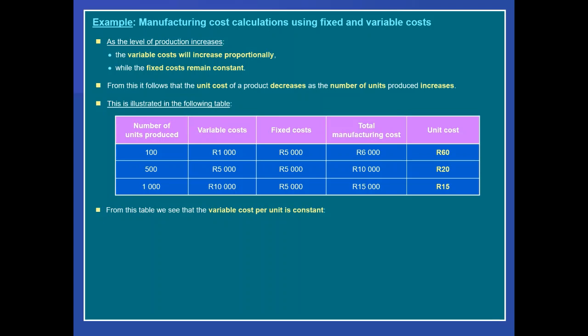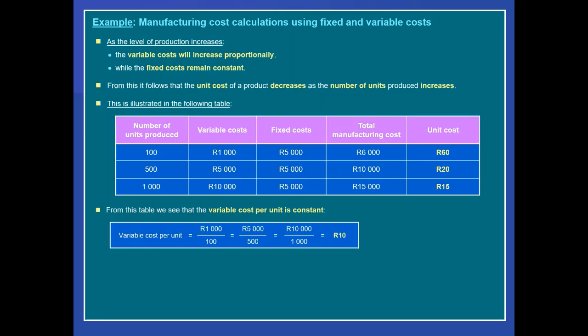So from this table we see that the variable cost per unit is constant, namely 10 Rand per unit. For the variable cost per unit, we have the 1,000 divided by 100, the 5,000 divided by 500, and the 10,000 divided by 1,000.